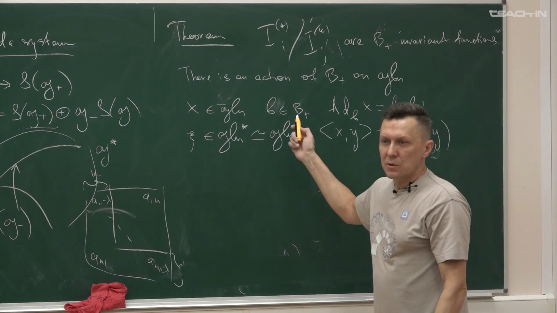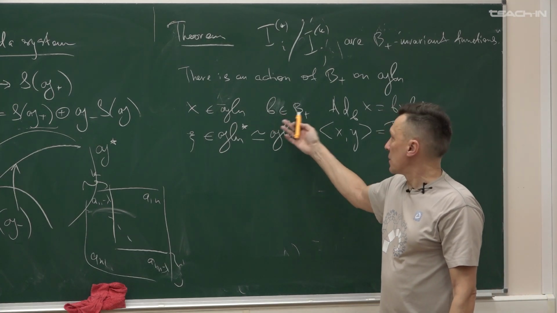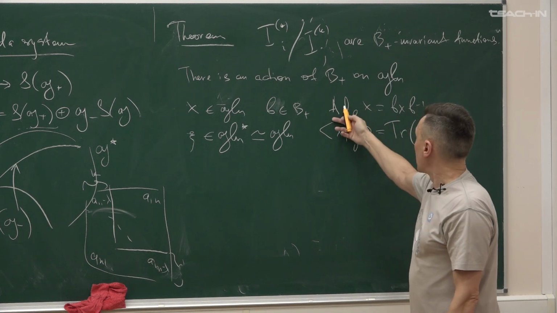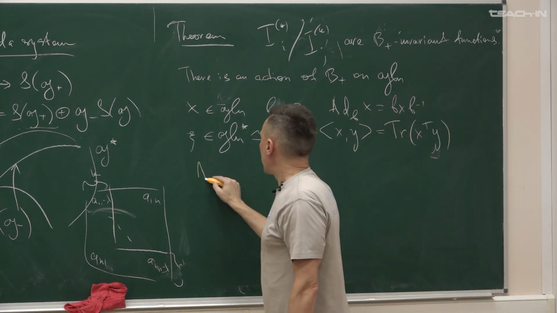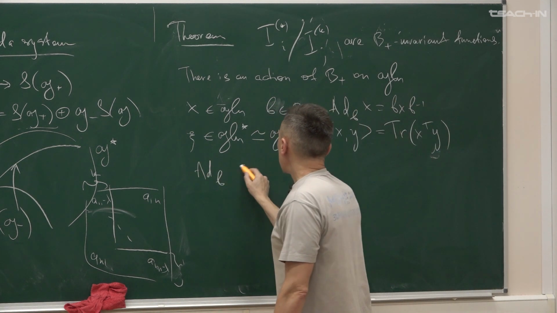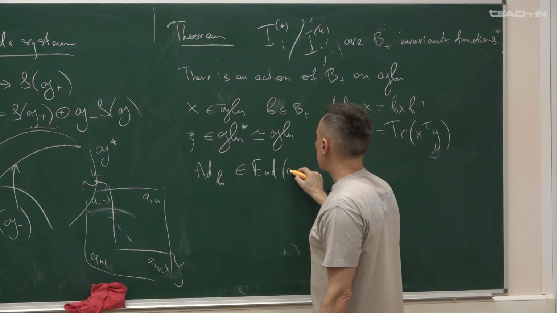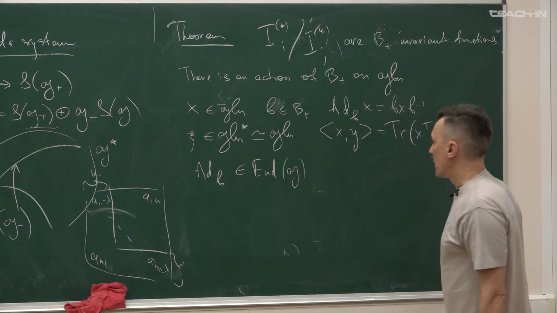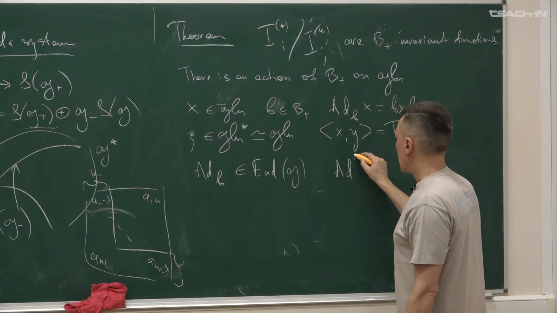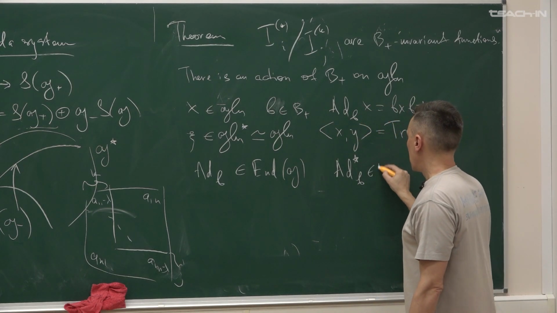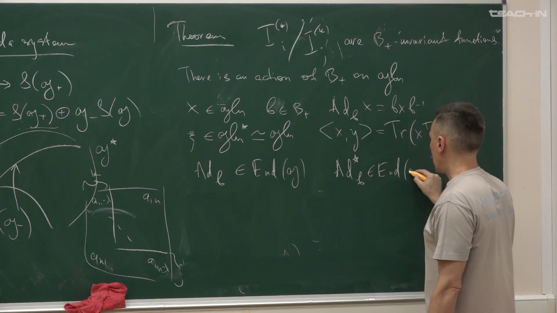So there is a dual action: if there is some map ad b, an element of endomorphisms of G, then there is a dual action on G star.